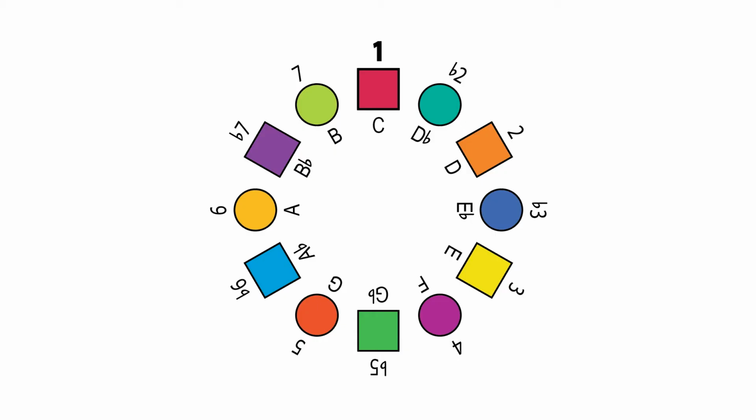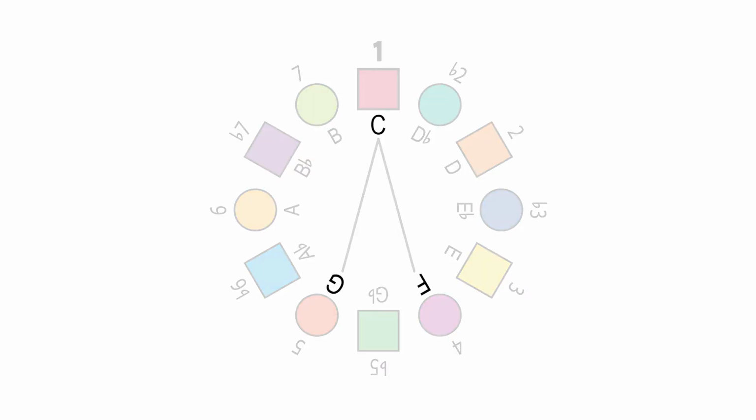So looking at the key of C, for example, we have the C note, interval 1, that is closely related from its connection in the circle of fifths to notes F and G, or intervals 4 and 5. Alphabetically, it doesn't really make sense that C, the letter C, would be connected to letters F and G. Likewise, the number 1, it's not obvious that it's related to intervals 4 and 5.